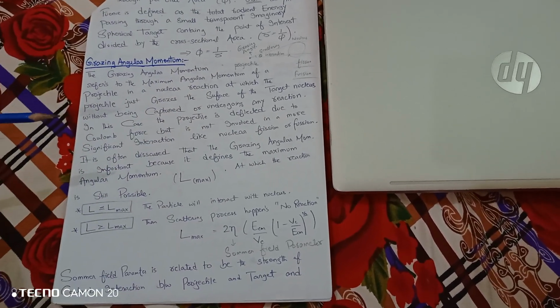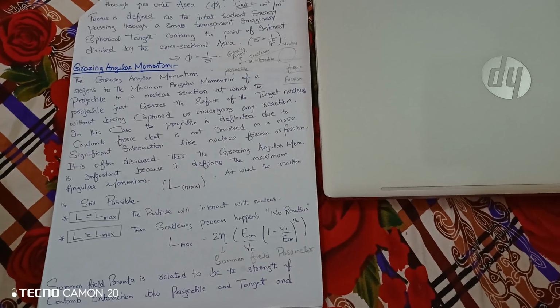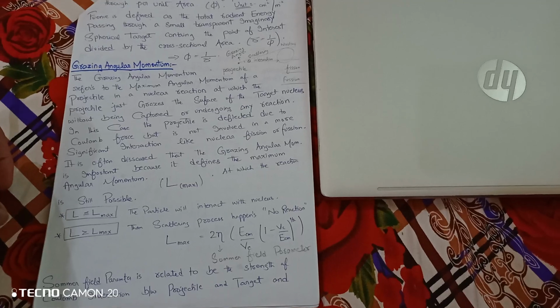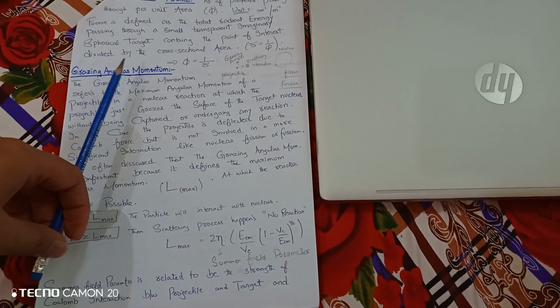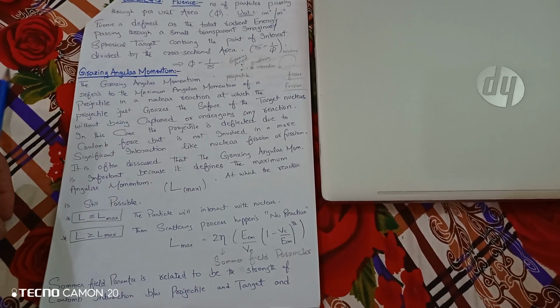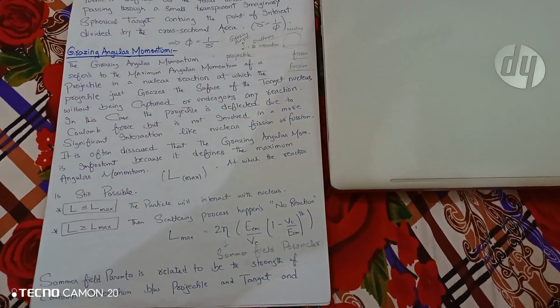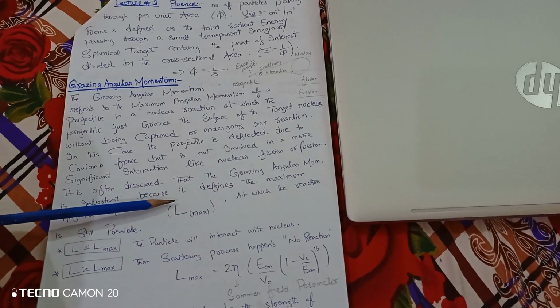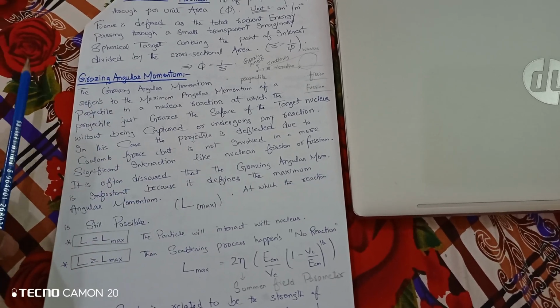Okay, it is often discussed that grazing angular momentum is important because it defines the maximum angular momentum. As the name suggests, grazing angular momentum refers to the maximum angular momentum, and it is denoted by the symbol L max, meaning maximum grazing angular momentum.